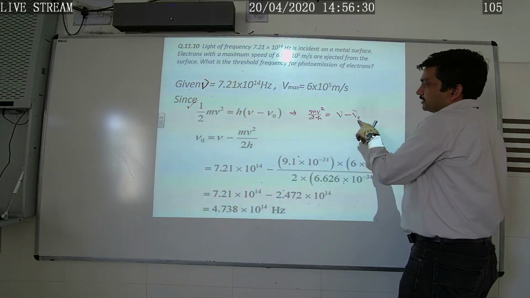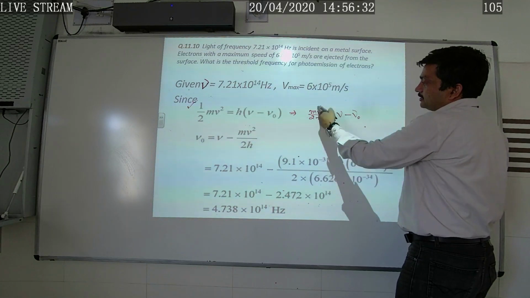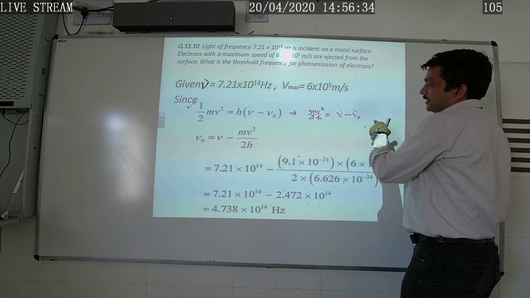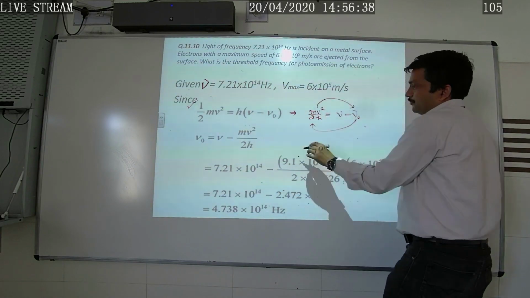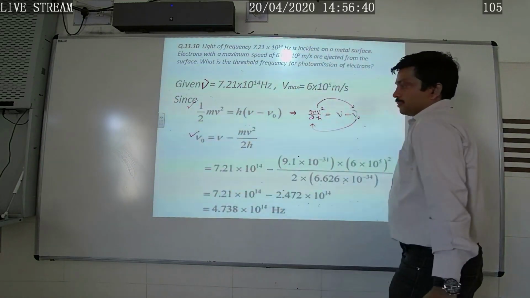We want to calculate nu naught, so we take m v squared by 2h to the right side and nu to the left side. So we got this equation.